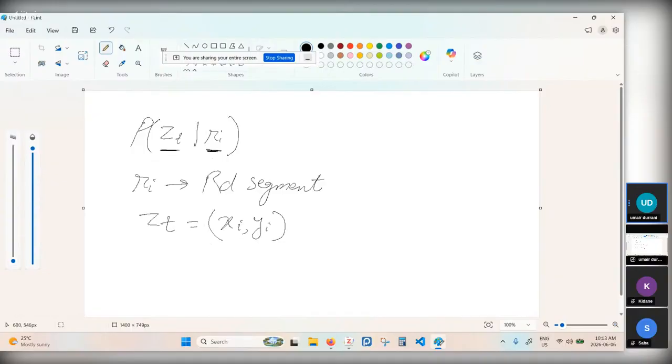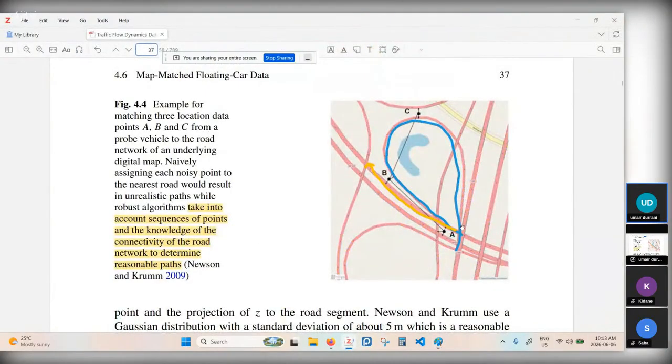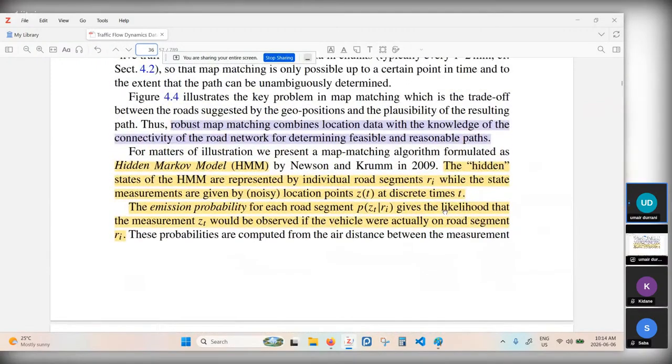So for example, if the vehicle was on this yellow segment, what is the probability that we get the value x1, y1? Or if the vehicle was actually on this blue road segment, what is the probability that we will get x1, comma y1? So let's now read the definition of the emission probability.